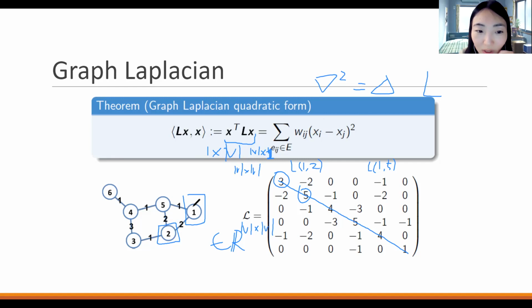For each node with a value, what is the difference between the values? If the values are all equal, for example, if nodes 1 and 2 have the same value, then this will be 0. So the minimum of this is 0. But because the nodes may have different values, this is always going to be greater than or equal to 0.